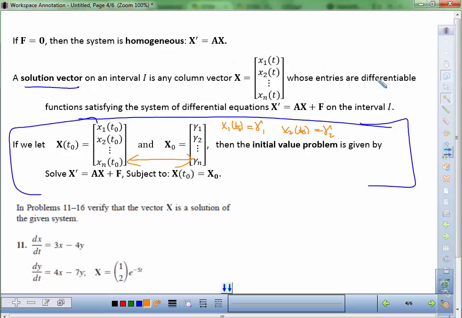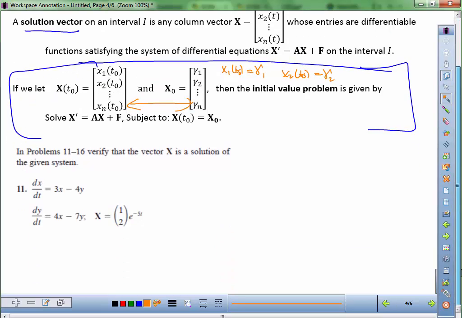So this problem over here is asking us to verify that the vector is in fact the solution to the given system of equations. So we want to check if this is a solution. Your solution is written in this way, and your differential equation is written in this way.